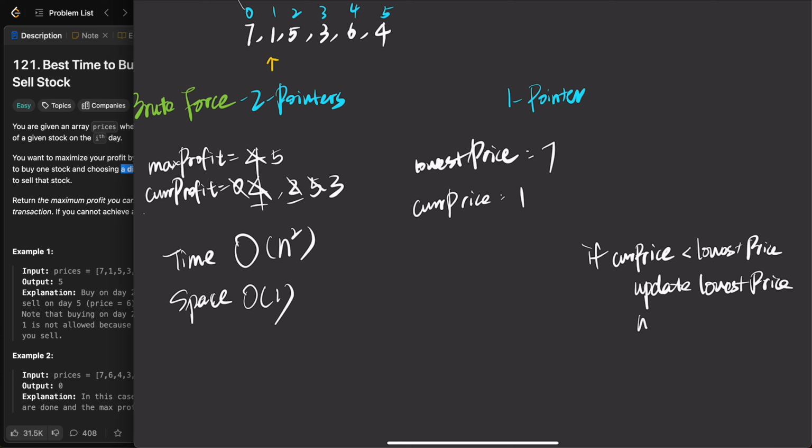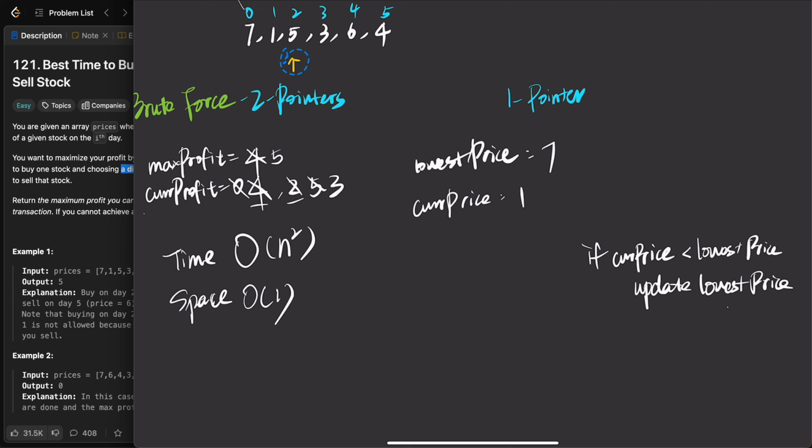The next thing is we can move the current price next, or probably we can just continue to move this pointer to the next.